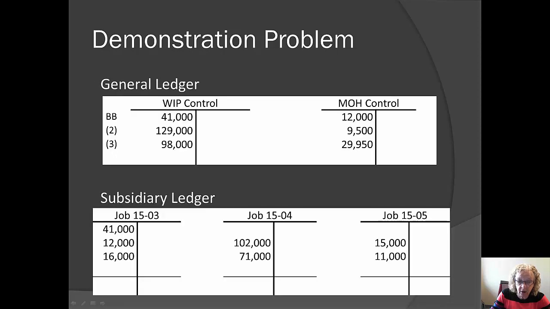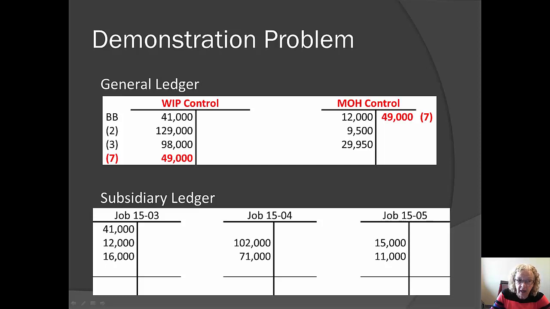So let's take a look at how this will affect our general ledger and our subsidiary ledger for each individual job. In the general ledger, our manufacturing overhead control is going to decrease by $49,000, and our work in process control will increase.